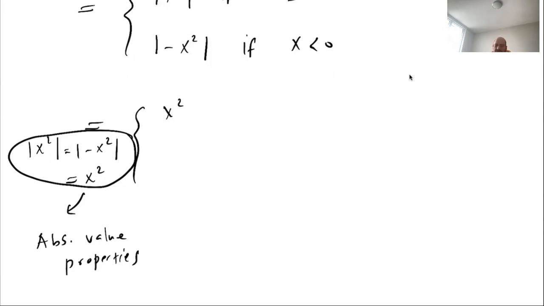So this is x squared if x is bigger than or equal to 0 and x squared if x is less than 0, which we can write as x squared, because for every x value the output is x squared, whether x is positive, 0 or negative. So the output is always x squared, no matter what x is. So I can write this function simply as x squared.